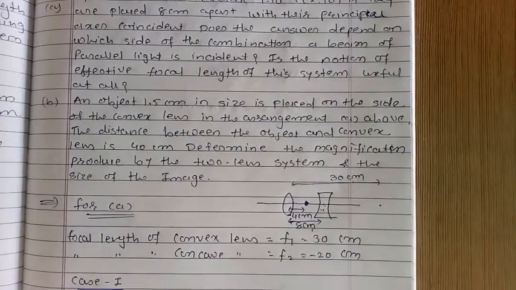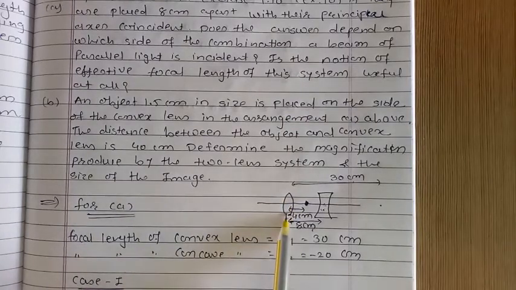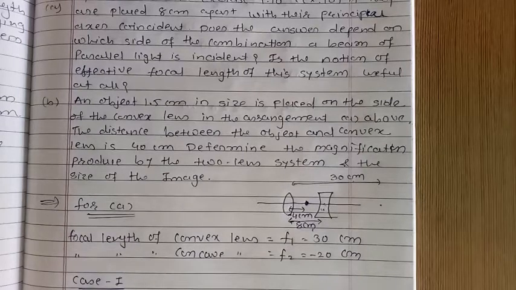So we get an image from the first lens at 220 minus 4. Our first lens is convex, so we can say that these parallel rays converge at a distance of 220 minus 4.